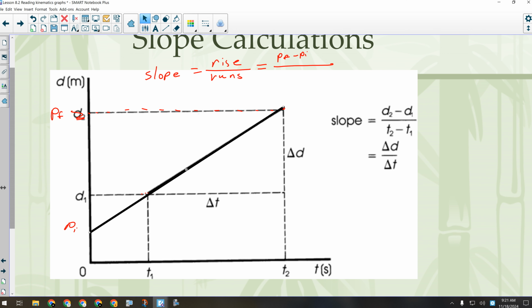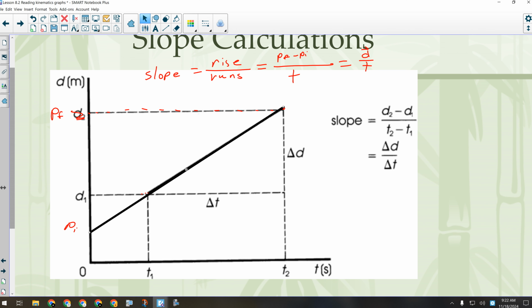So doesn't this equal, this is where v equals d over t comes from. That formula you've been using for over a week is the slope of a line on a position versus time graph. Does everyone follow how I got to that? I took my change in y, which is how I calculate any slope.